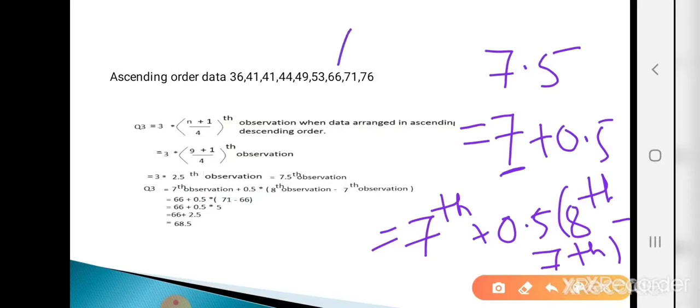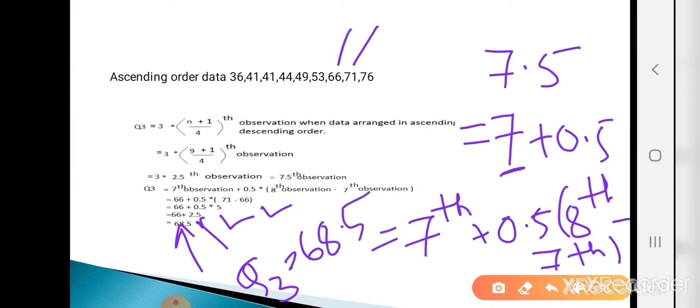So 66 plus 0.5 times (8th observation, 71, minus 66). 71 minus 66 is 5, so 5 into 0.5 is 2.5. So 66 plus 2.5 is 68.5. So the Q3 value is 68.5. This is the method for calculating the quartiles for ungrouped data.